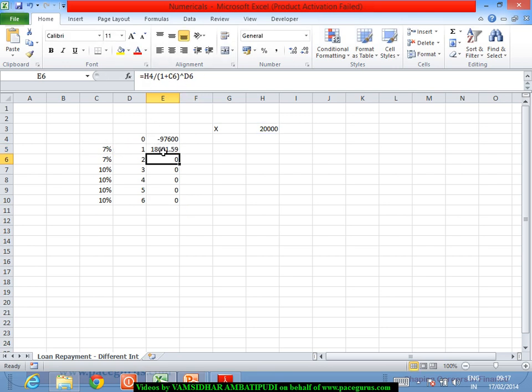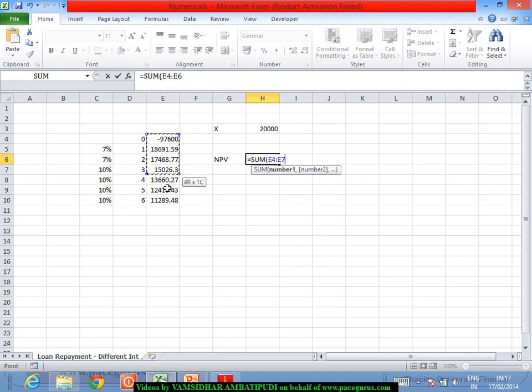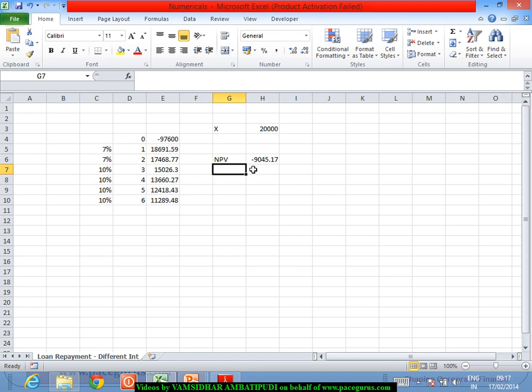So these are the cash flows that are coming up in each of the years, and the total NPV is actually the summation of all this, which is still negative. So which means this number should go slightly higher.